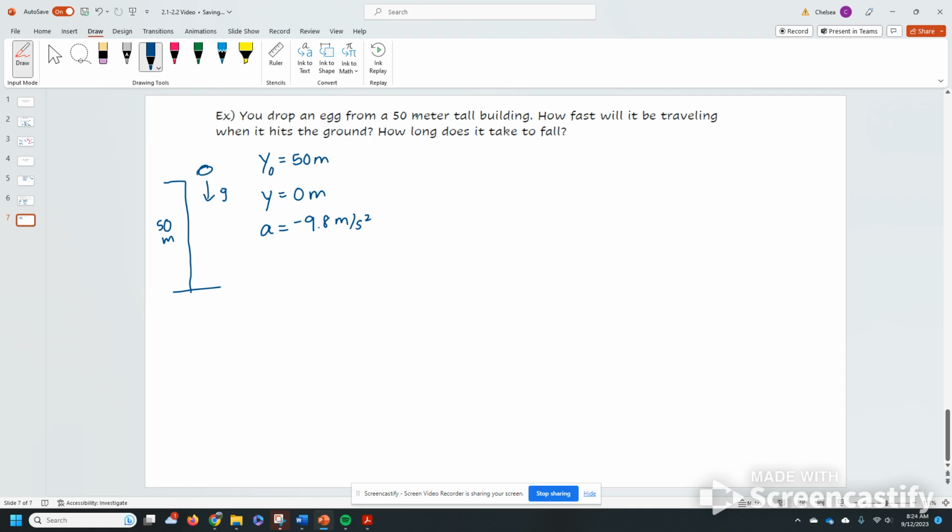So first question, we want to figure out how fast it's going when it hits the ground. So we want to know our final velocity. We can assume our initial velocity is 0. So let's use that same equation we just used. V squared equals initial v squared plus 2 times a times our change in position.